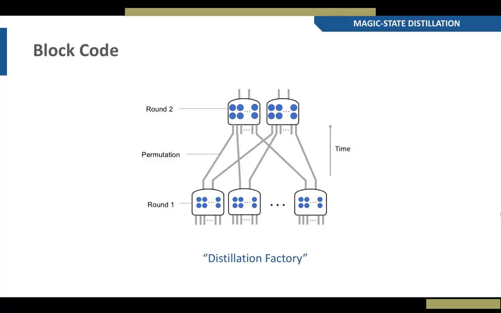So what we do is distribute the output from one module to different modules in the next round. As you can see, that forms permutation edges through different rounds. Okay, so that's our block code construction.